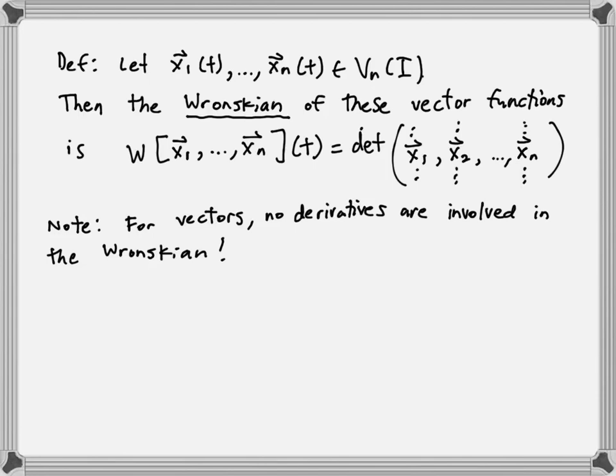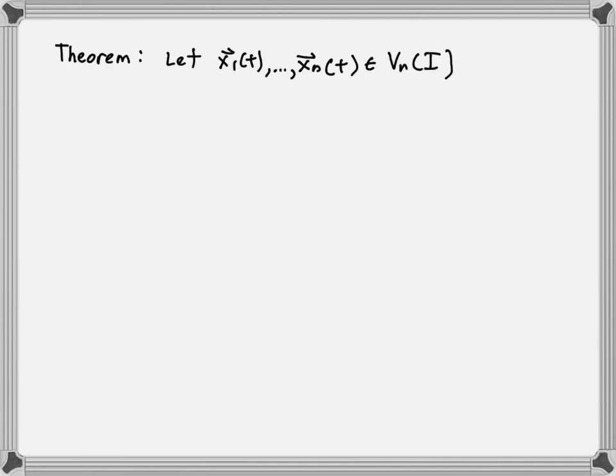So let me write out the theorem on the next page. Suppose that we have x1 of t through xn of t, and let's suppose that these are all living in this vector space. Here's the theorem.